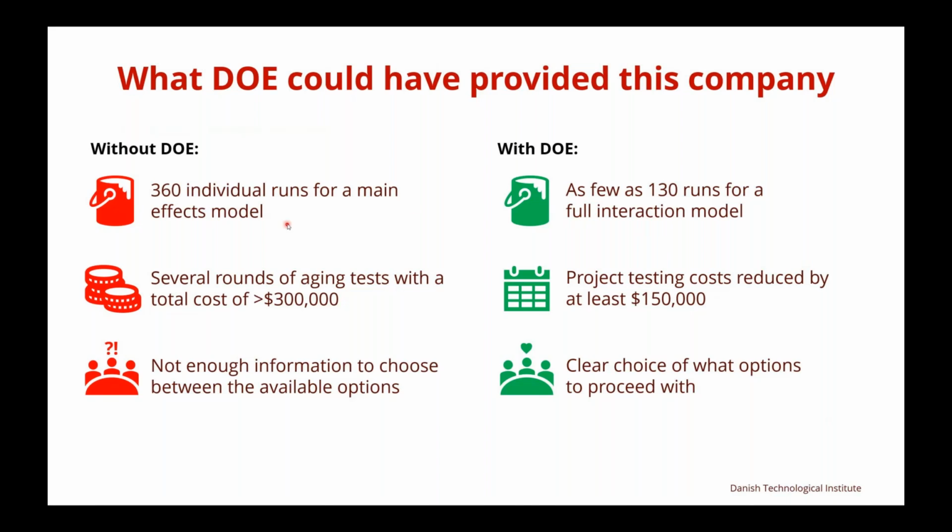But what they had done instead was to use 360 or 340, maybe that was the right number, but still substantially more runs, and still only come out with a main effects model at best.